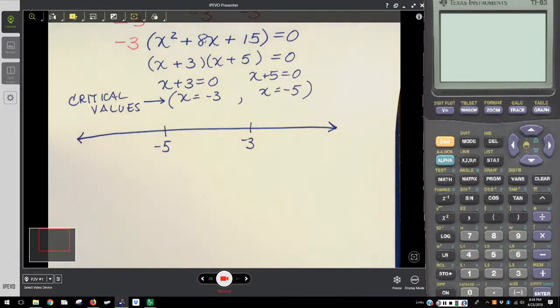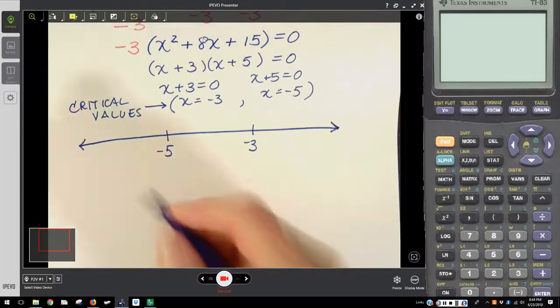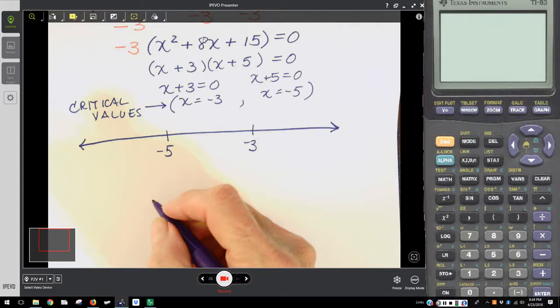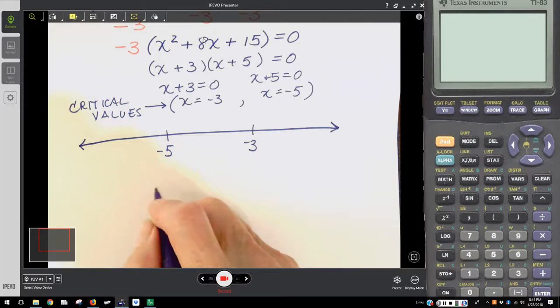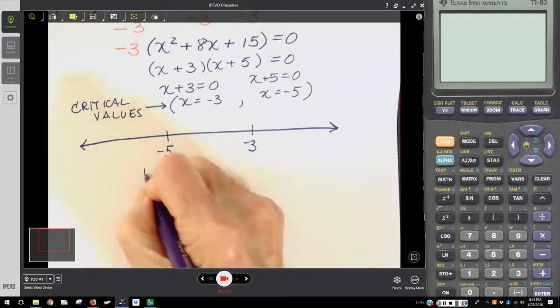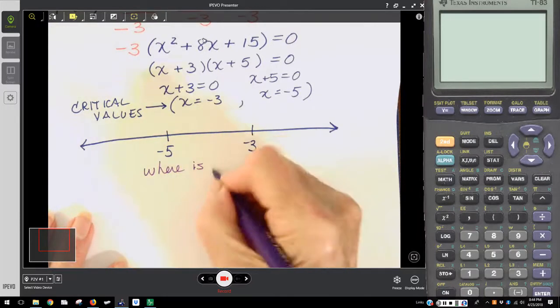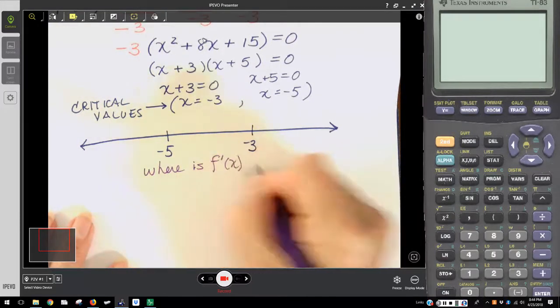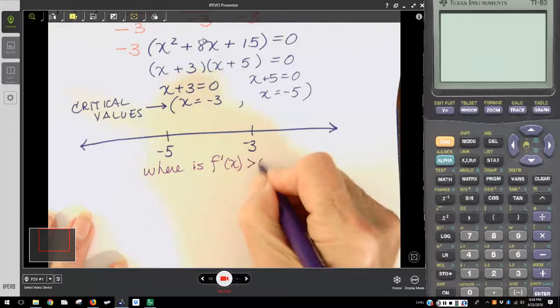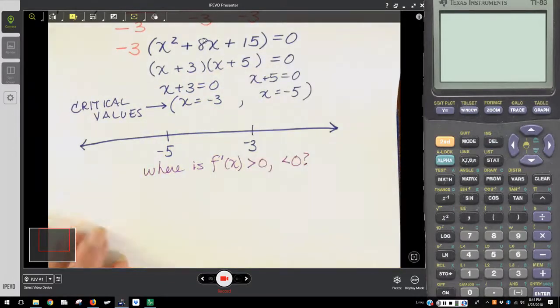And then once we've done that, since we're looking to see where f of x is increasing or decreasing, we're not interested in where the values of f of x are positive and negative. We're interested in where f prime of x is greater than 0 and less than 0. That's what we're interested in.